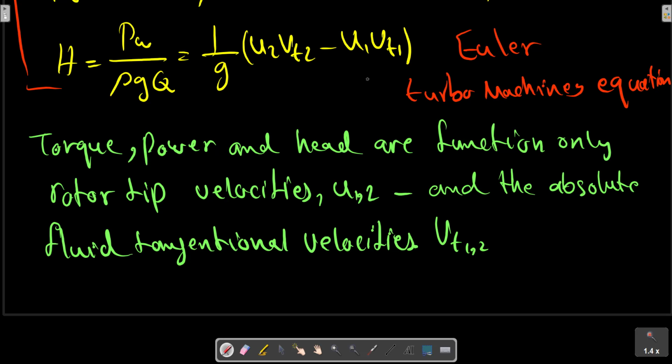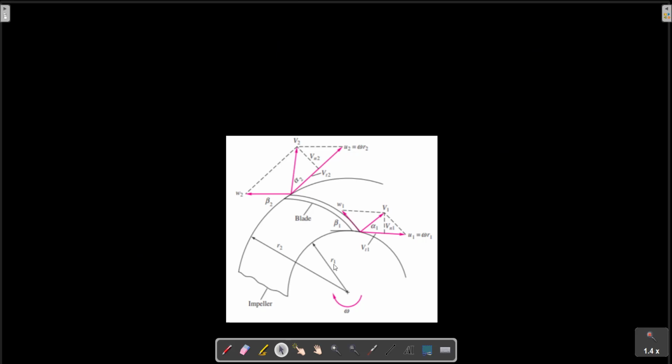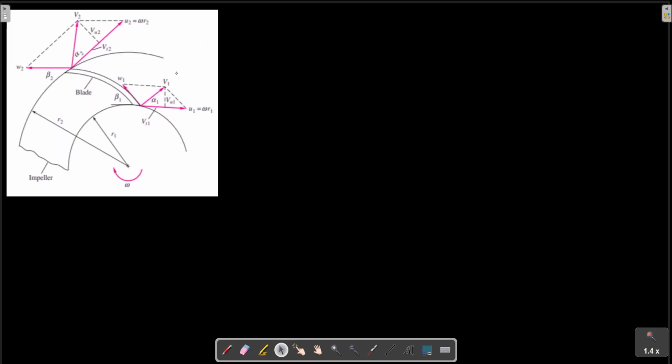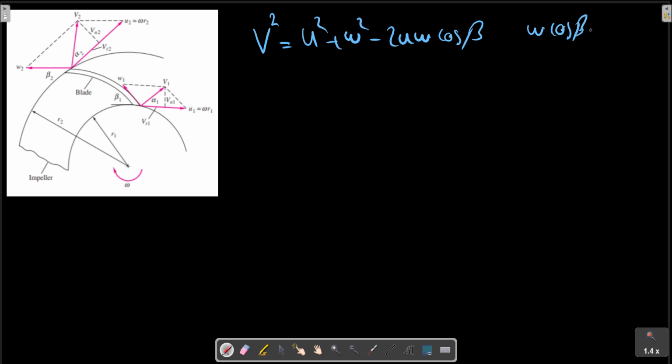We can write again, and provide the picture, according to the angle of the blade: W cosine beta equals U minus Vt.